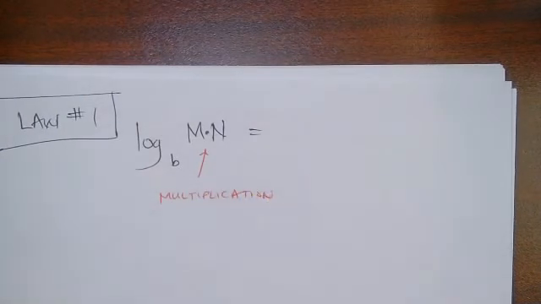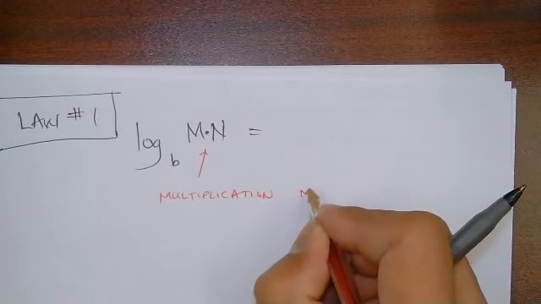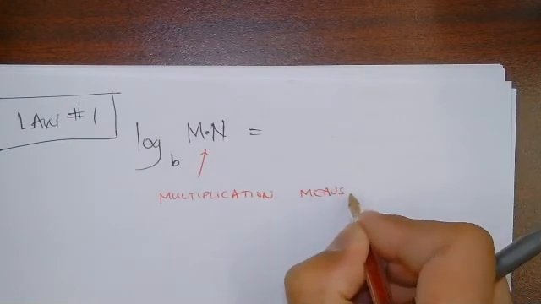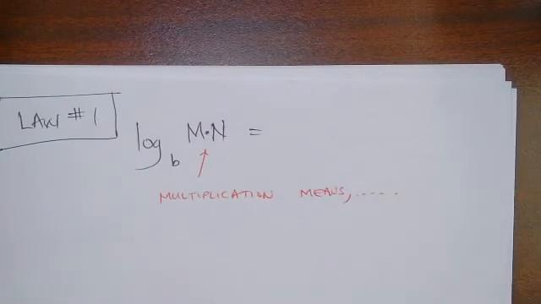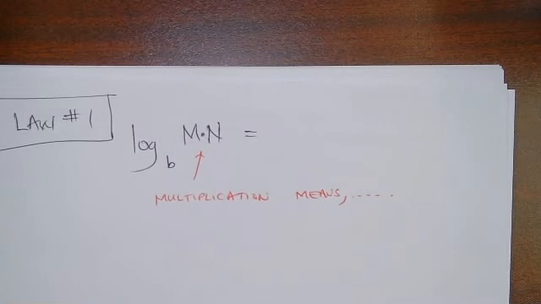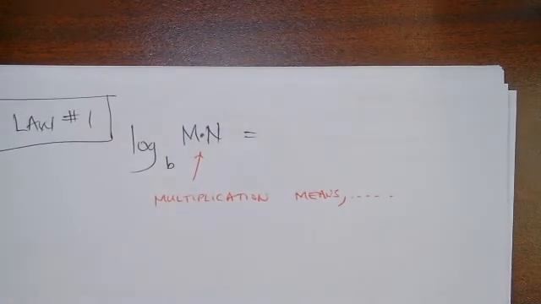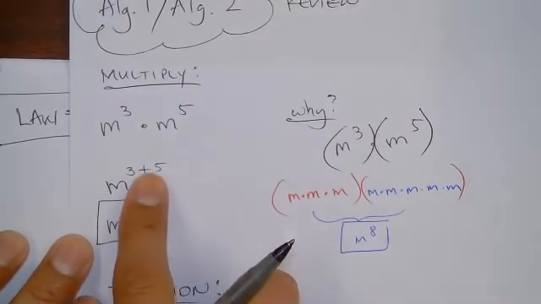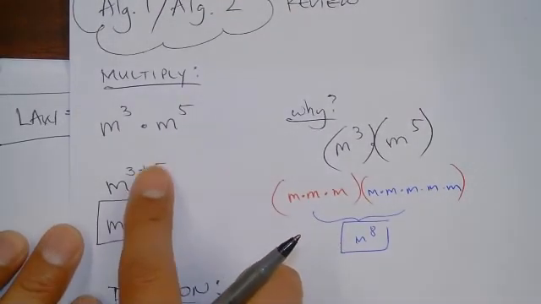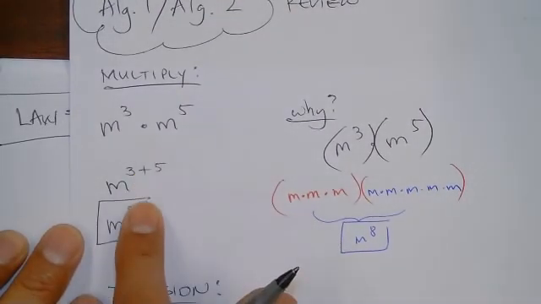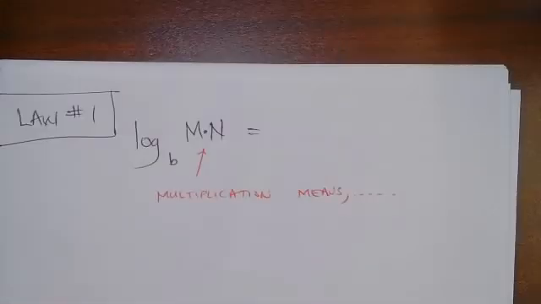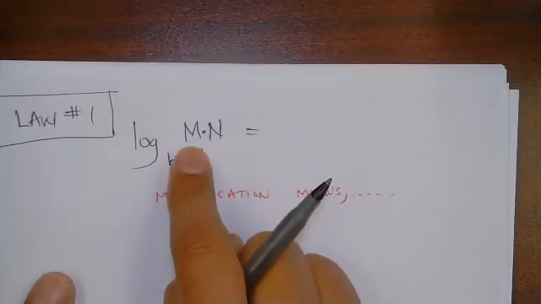But multiplication doesn't mean multiplication here. What does it mean? Well, what did it mean before in multiplication? When we did multiply with exponents, you didn't multiply them, you added them, right?